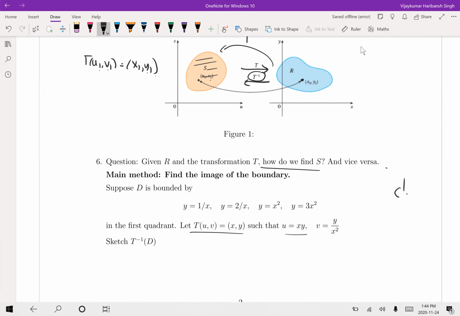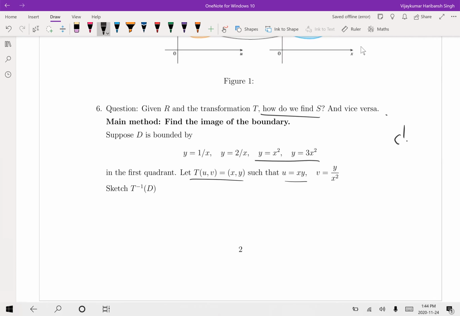So let's first draw this region. How does this region look? We have 1 over x, which looks like the following.